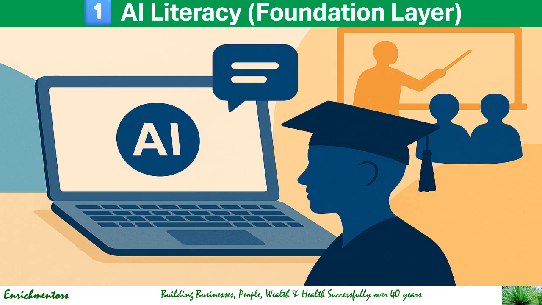So the first layer is about AI literacy, the foundation layer. Every MBA student must understand what is AI, machine learning, and generative AI from the point of view of an MBA student, not a technology student.